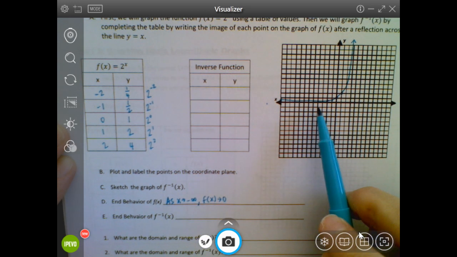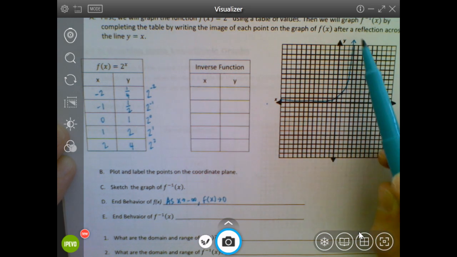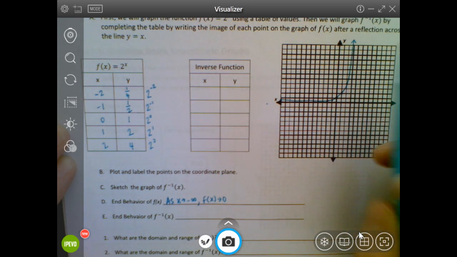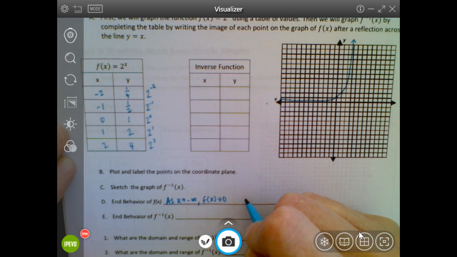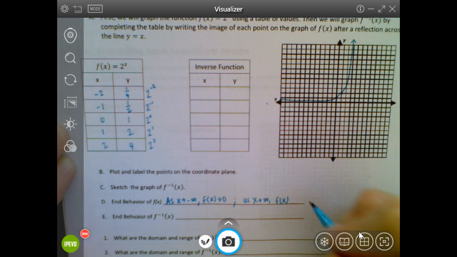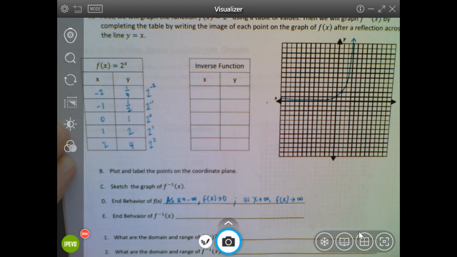Well, what is it doing on the other end? So what is it doing on the right side? As our x values approach positive infinity, the right side of our graph is increasing. So I'm going to say on the other end, as x approaches positive infinity, our graph is going upwards. So our graph, or f of x, is approaching positive infinity.